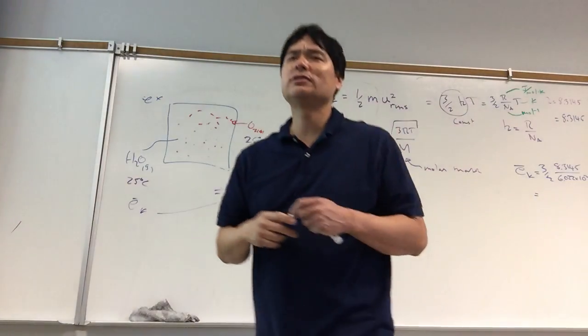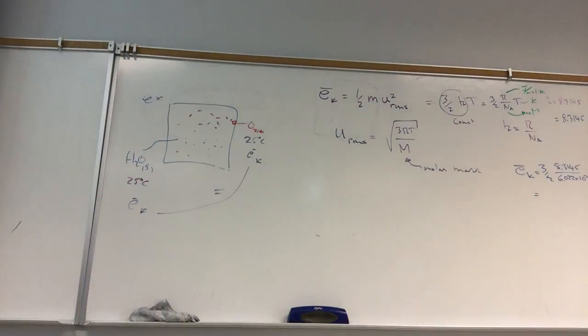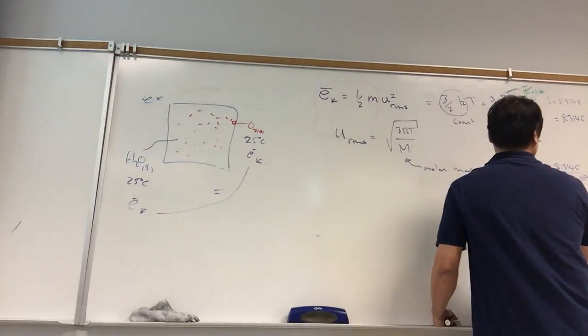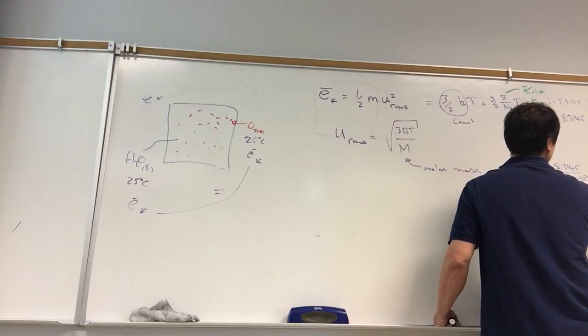What's the average kinetic energy? About 6.17 times 10 to the negative 21 joules.